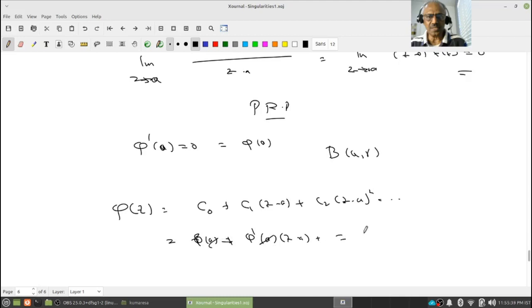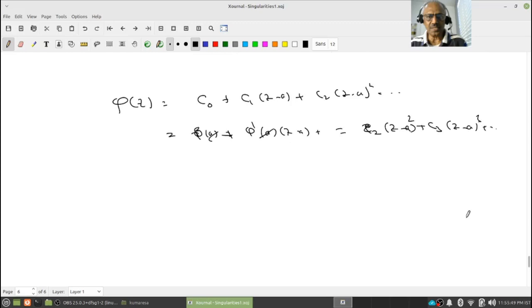Therefore, this whole thing is going to be C2 z minus a whole squared plus C3 z minus a whole cubed, and so on. So I can take z minus a whole squared common and write it as the sum over n greater than or equal to 2 of Cn z minus a to the power n minus 2. Are you following?